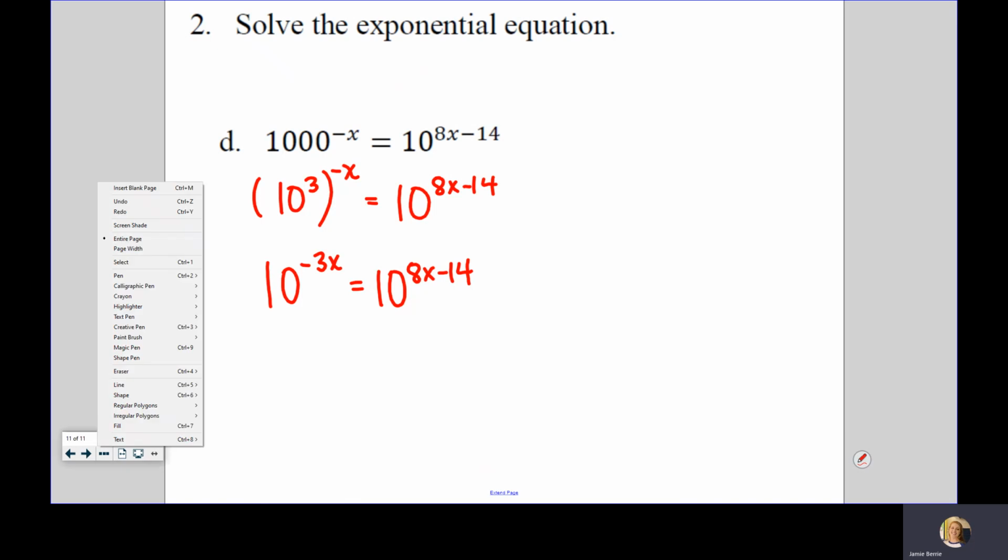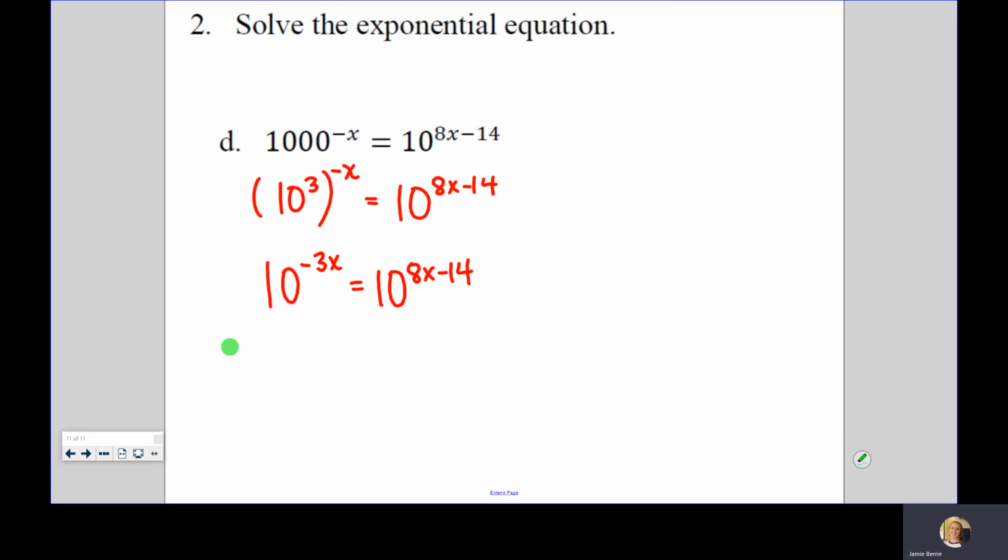All right, set the exponents equal now that we have the same base. Negative 3x equals 8x minus 14.